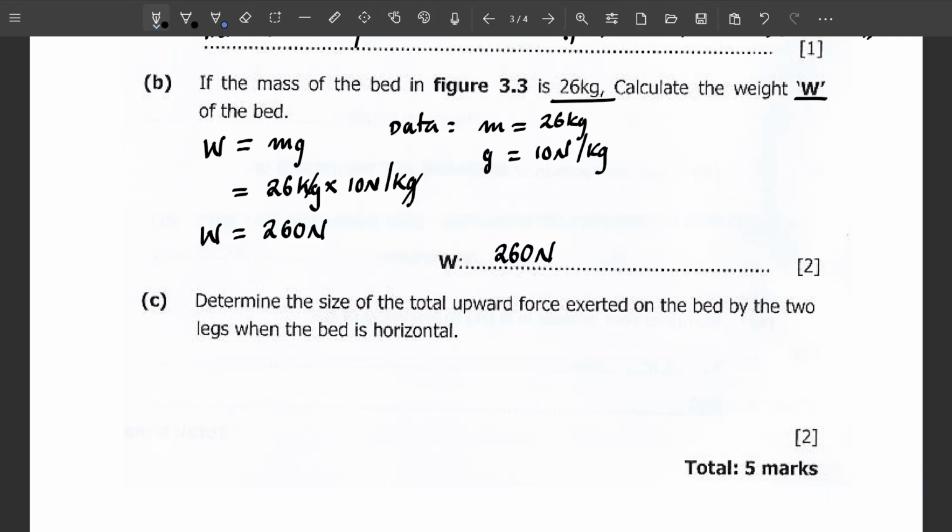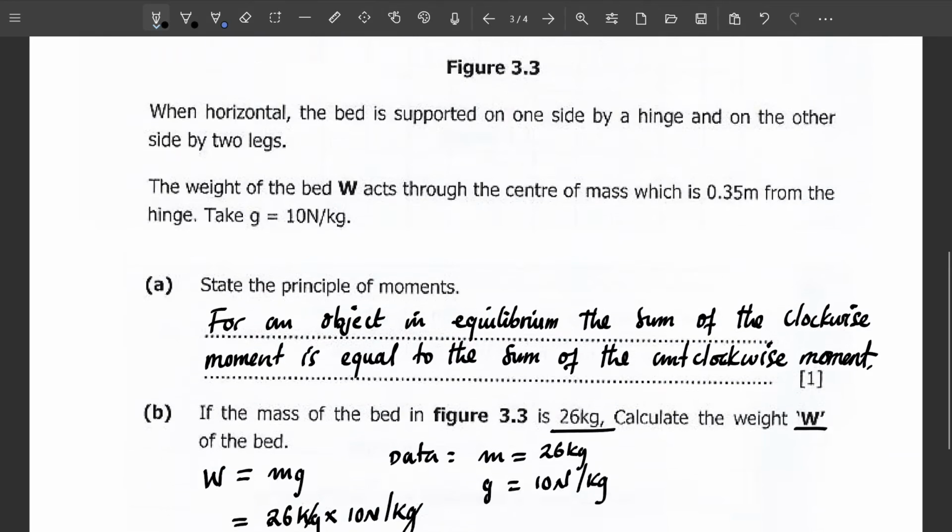Then we move on to C, where they are saying determine the size of the total upward force exerted on the bed by the 2 legs when the bed is horizontal. So we come back here.